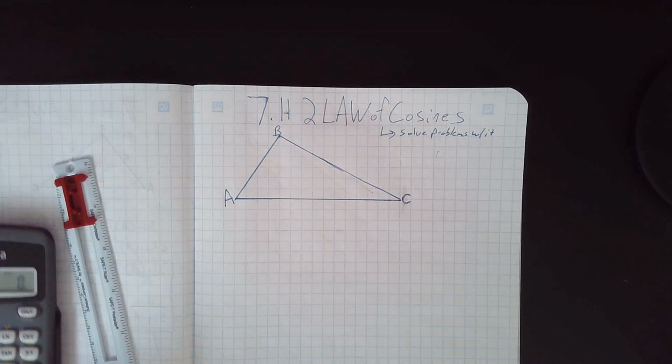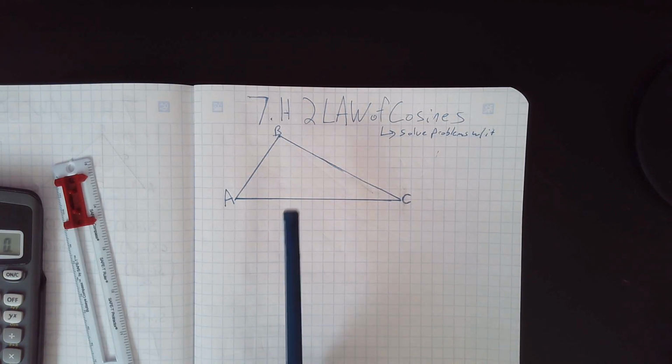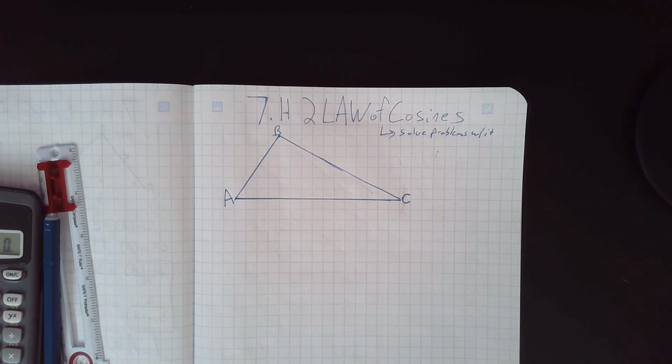All right, now we're going to talk about unit 7, section H2. That's honors 2, the law of cosines, and by the end of this, you should be able to understand it and use the law of cosines to solve problems. Like the law of sines, it is used with triangles that are not right triangles.